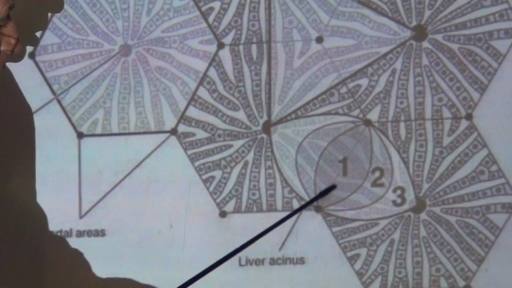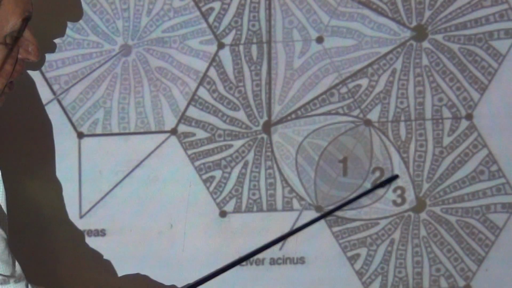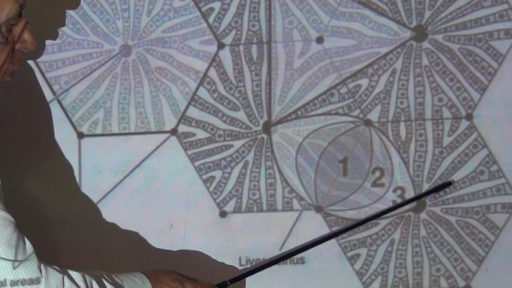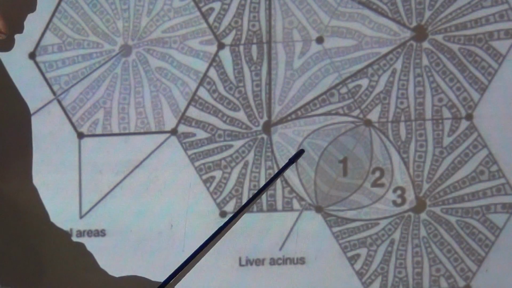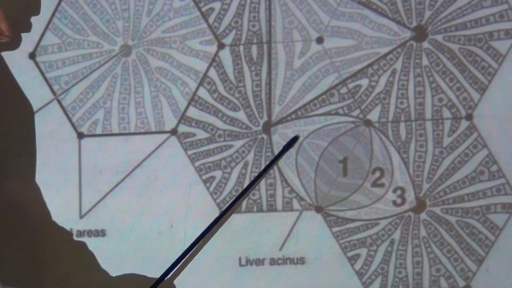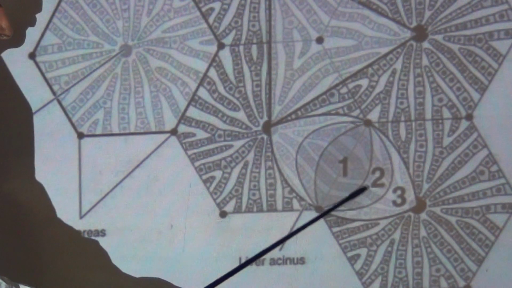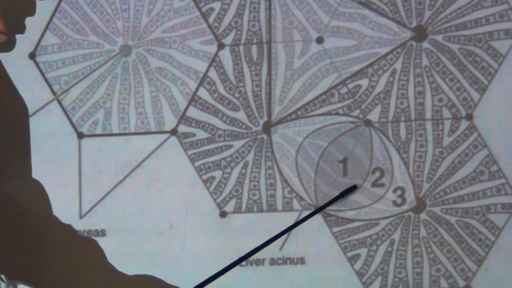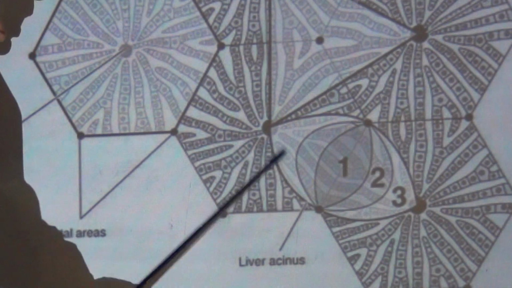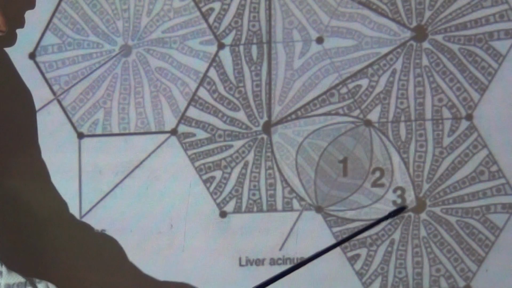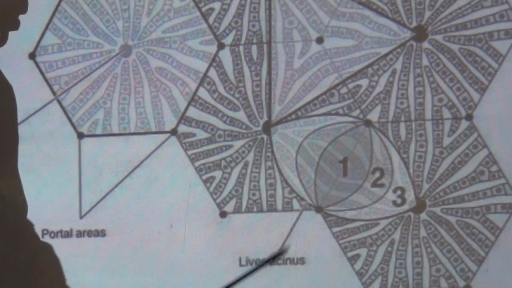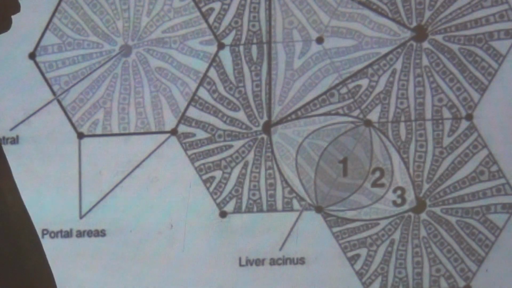Now this one is the center. This area belongs to this hepatic lobule, and this area adjacent to it belongs to this hepatic lobule. So this area is called the liver acinus.